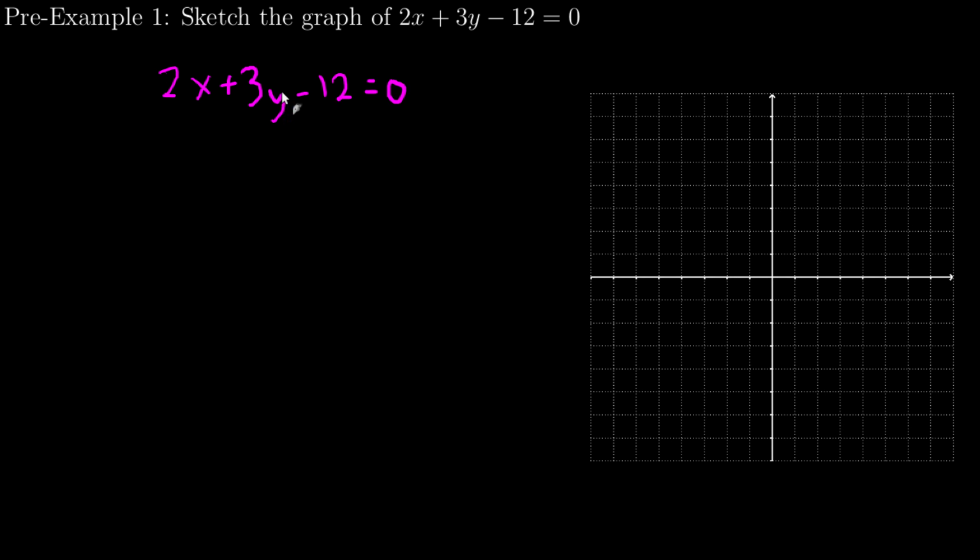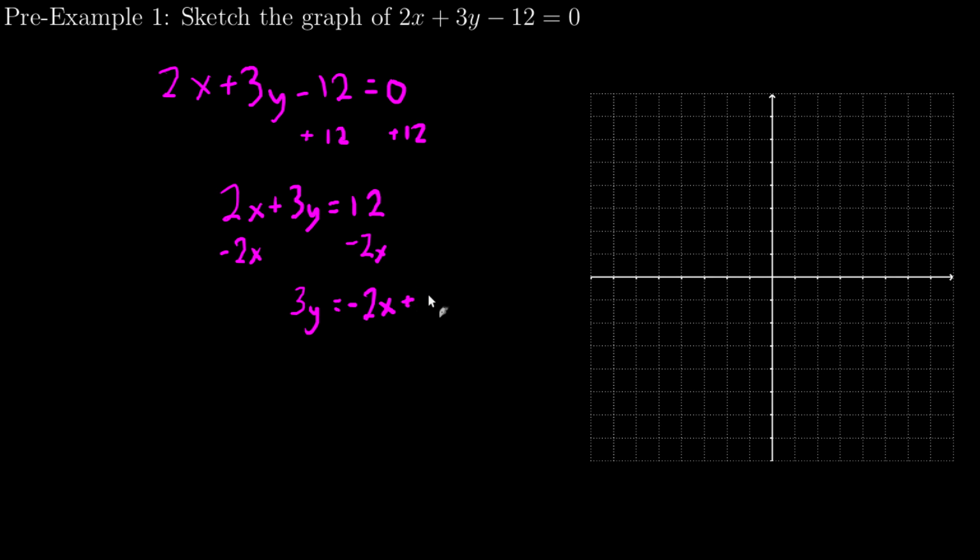I will work to get the y by itself, so add 12 to both sides, and get 2x plus 3y equals 12. Then I'll subtract 2x from both sides. The 2x and the 12 are not like terms, so I will leave them separate.